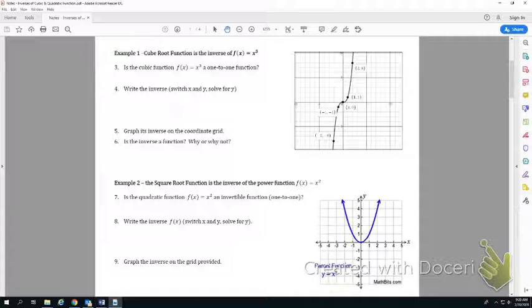So first, looking at the cubic, the inverse of this is going to be a cube root. It says, is the cubic function, which is there to the right, a one-to-one function? Yes or no? Why?